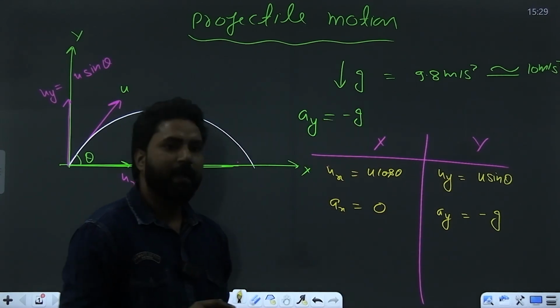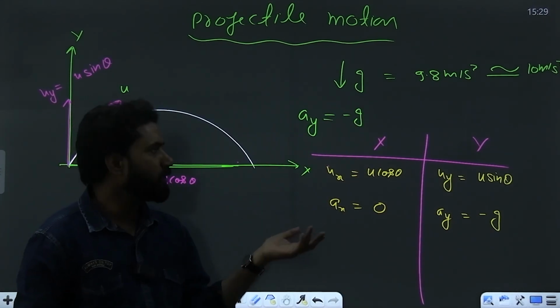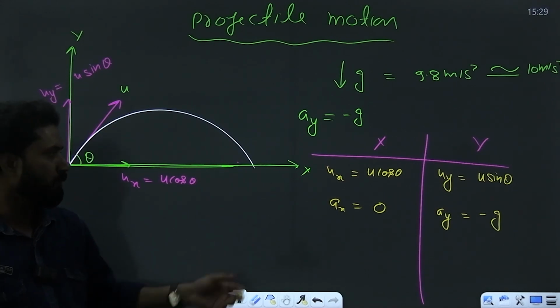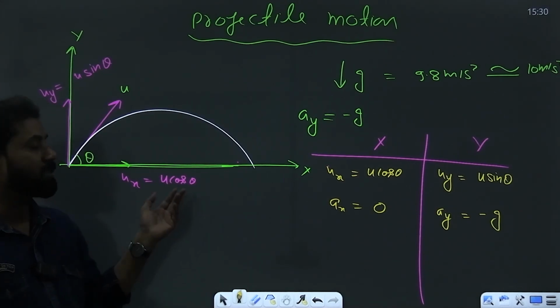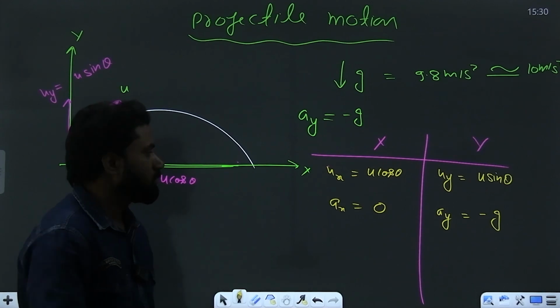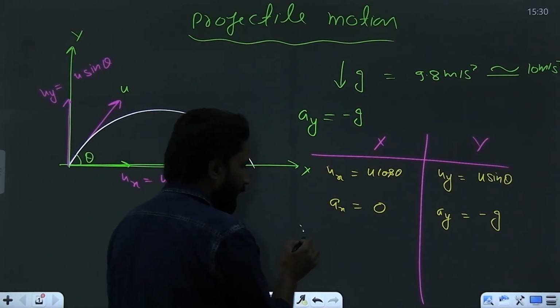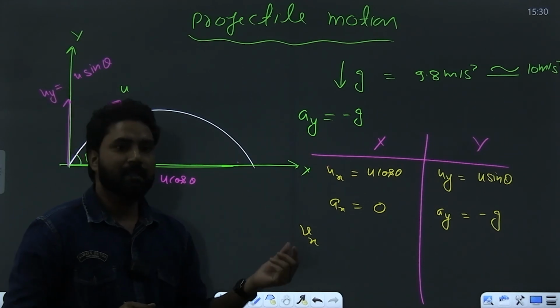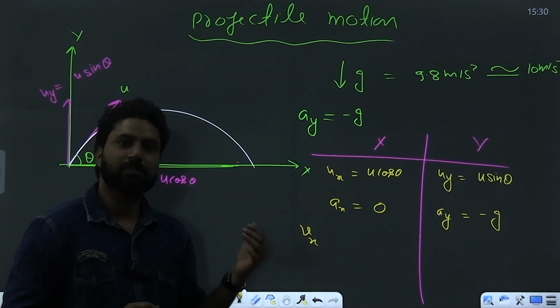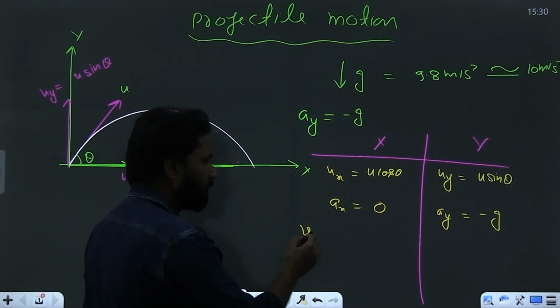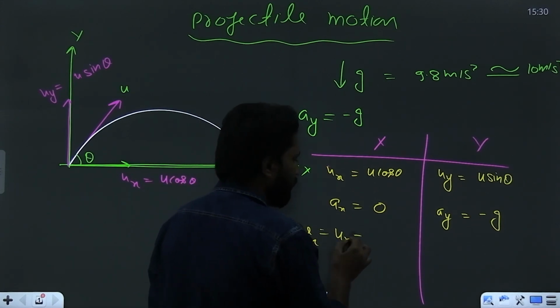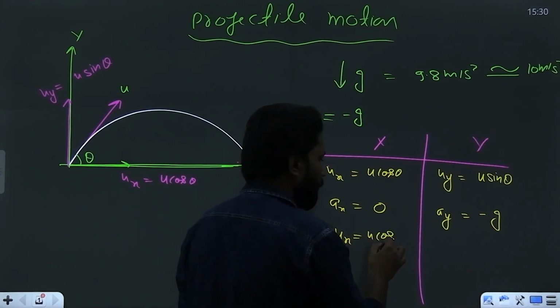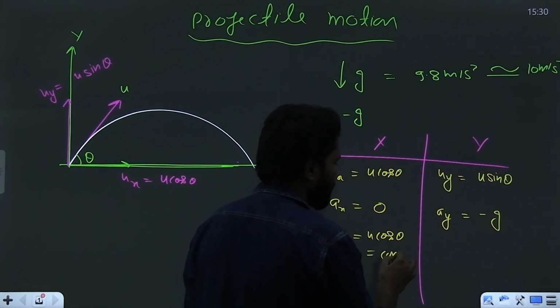So if we want to find out the position of a particle at time t, we have to find out the velocity at time t. Suppose we want to find out the velocity vx. Because in the x direction there is no acceleration, the velocity along the x-axis remains constant. So vx will always be equal to ux, that is u cos theta, a constant.